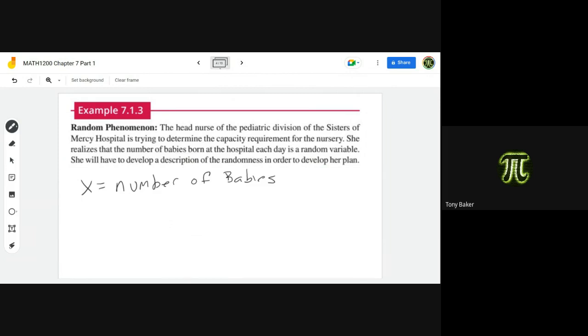So we cannot have half a baby. Therefore, it is discrete.